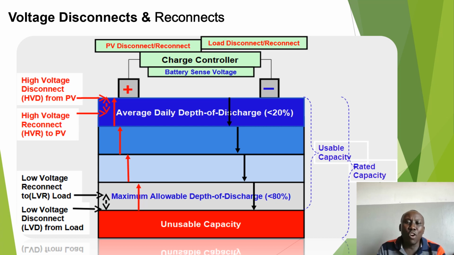And if it goes below 80%, the low voltage disconnect will disconnect from the load so that the battery is not discharged further. So at this point, we don't allow the battery to be discharged. This one is the red point.